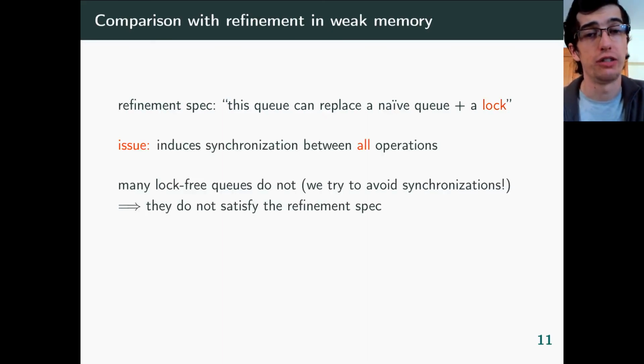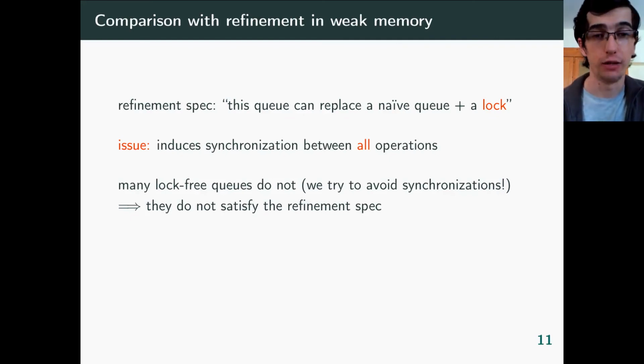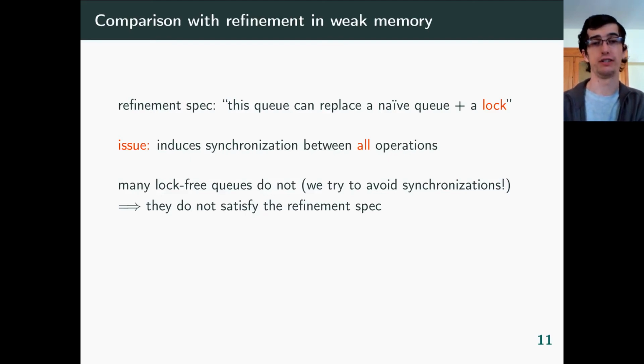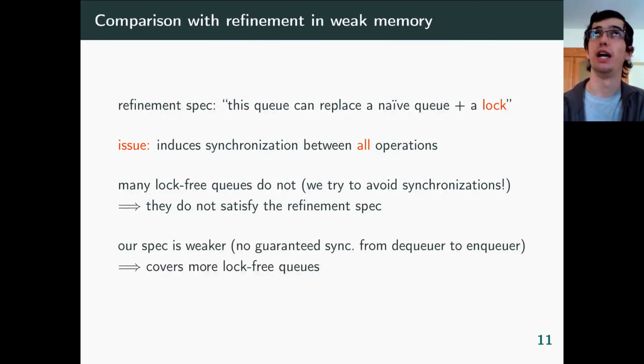The lock induces synchronizations between all pairs of operations, even though many lock-free queues do not grant them, because precisely we try to reduce unnecessary synchronizations. By contrast, our spec is weaker. For instance, it does not guarantee any dequeuer to enqueuer synchronization, so we can specify more implementations.